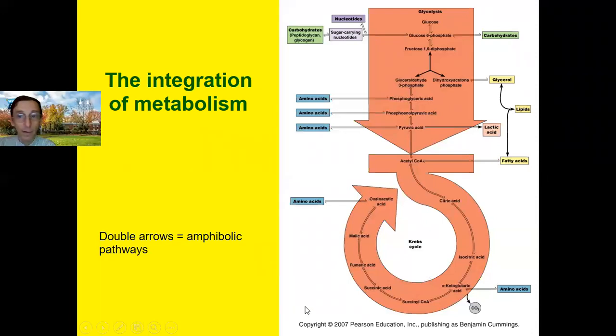Most of the pathways are double arrows, and it's not showing you for lipids, but this is a double arrow too. I've already mentioned that we can digest lipids, and we actually send it this way to make glucose, and then we send glucose down aerobic respiration.